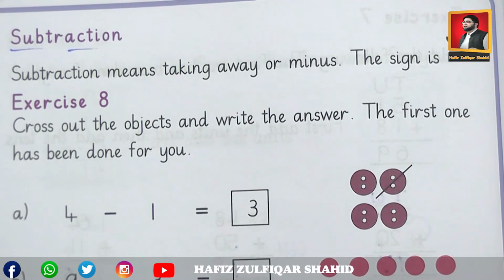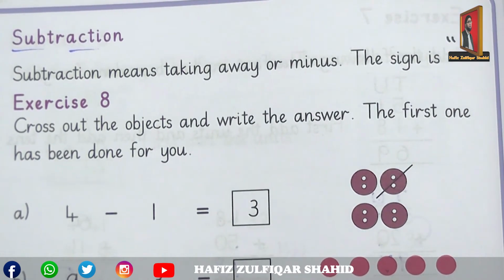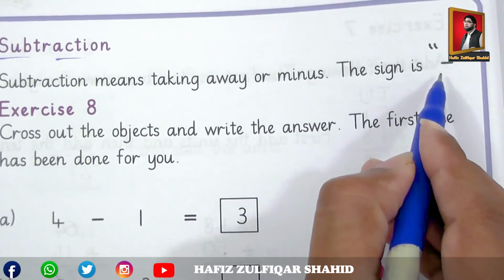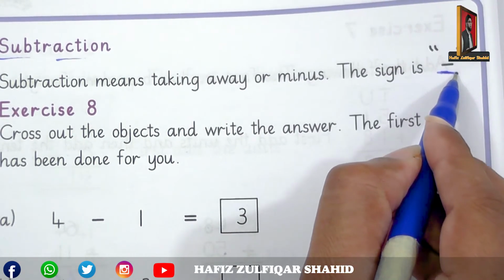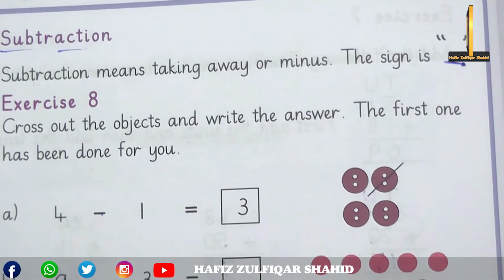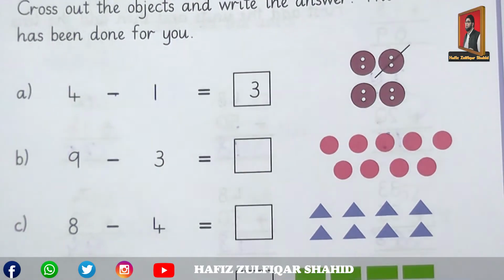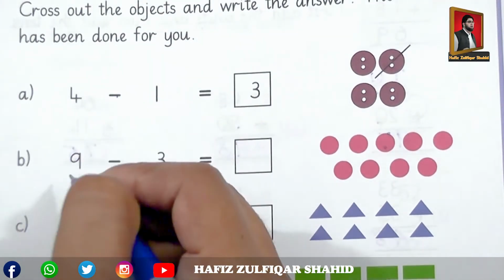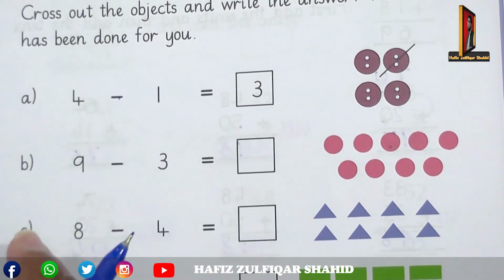But now we are going to do subtraction. And what is subtraction? This horizontal small line is the sign of subtraction. Subtraction means take away some objects from a number.